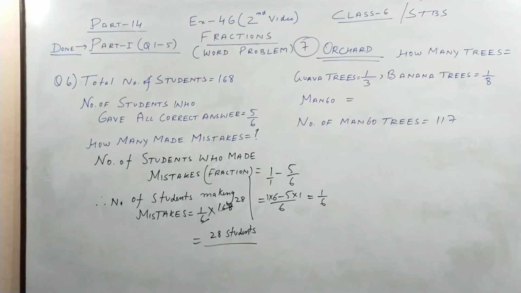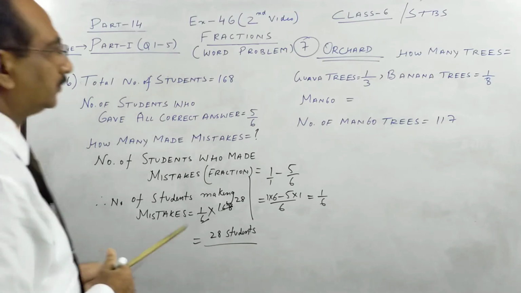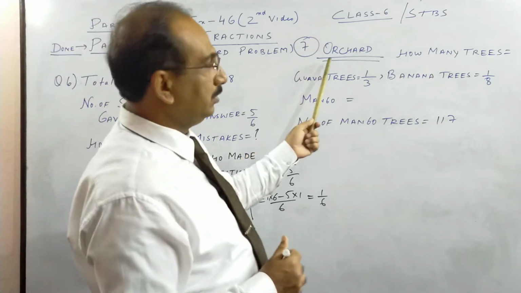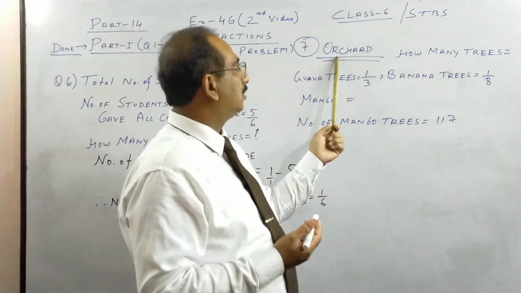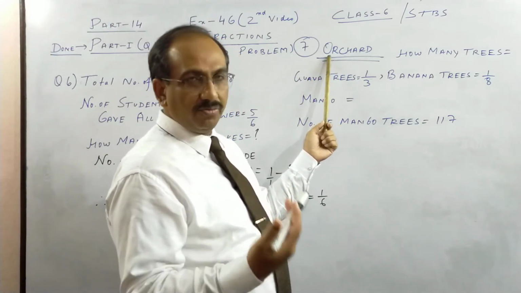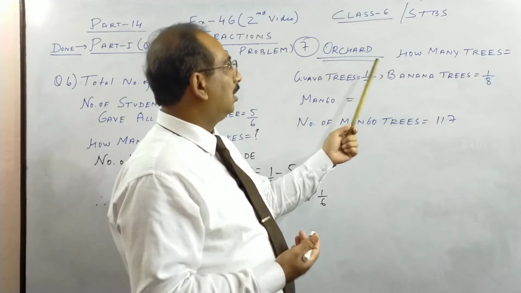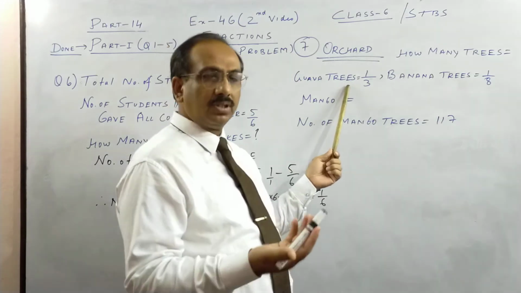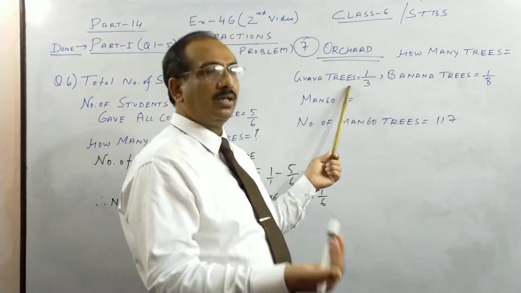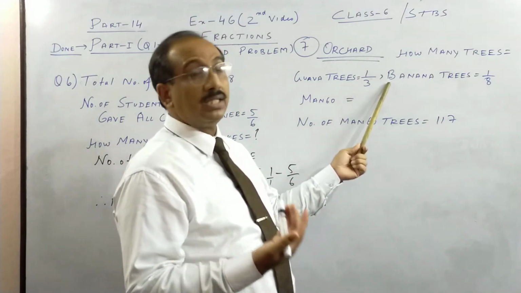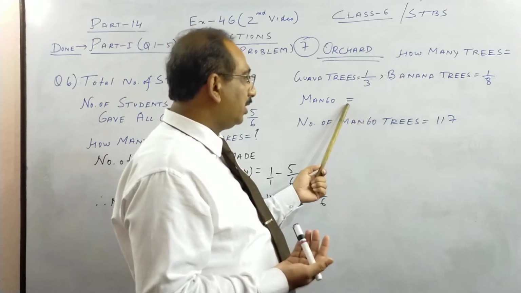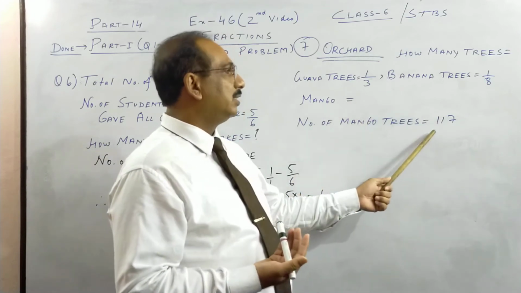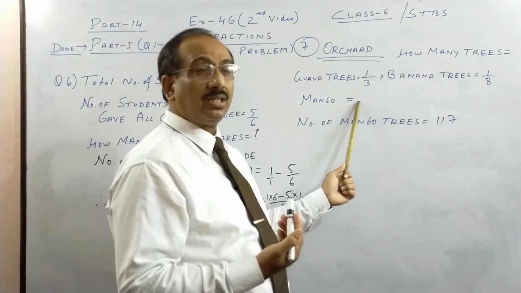So now we move on to question 7. In an orchard, a garden of fruits is called an orchard, how many trees are there? The guava trees are 1/3 of the total, so if there are 300, 100 are guava trees. Bananas are 1/8. The number of mango trees is given as 117, and the rest are mangoes.